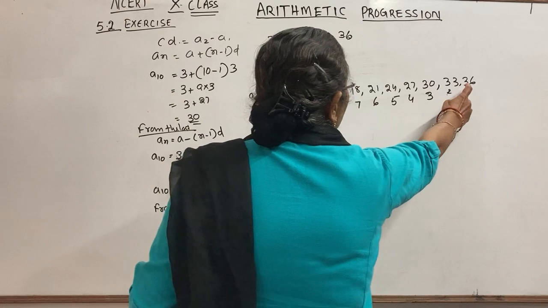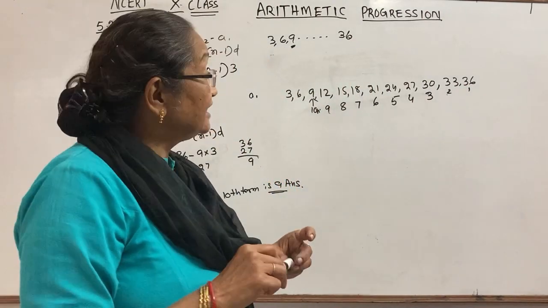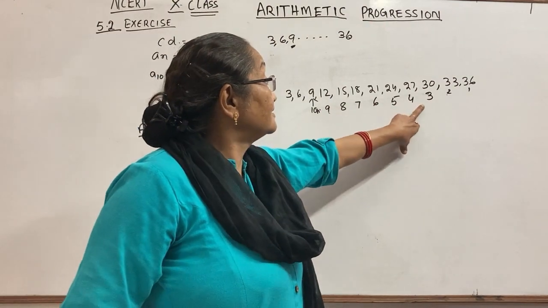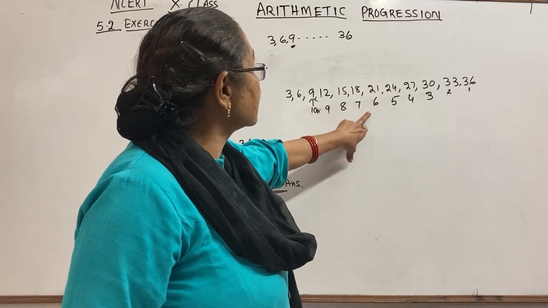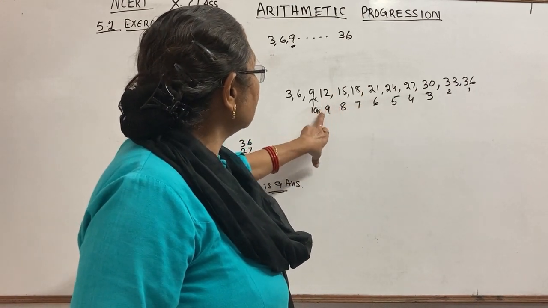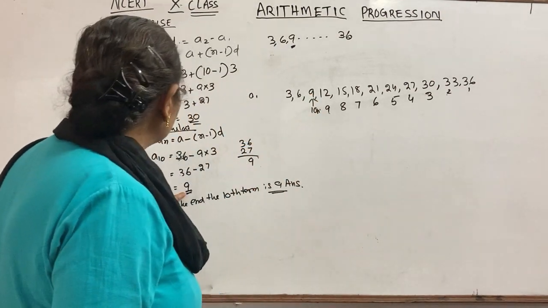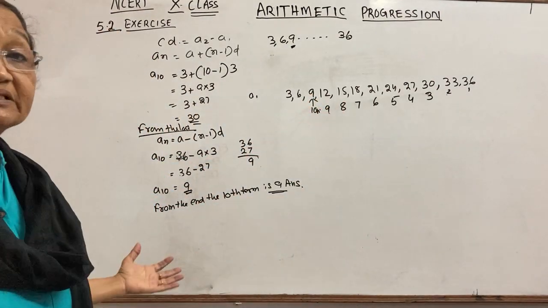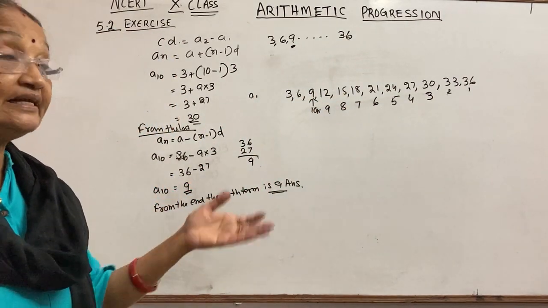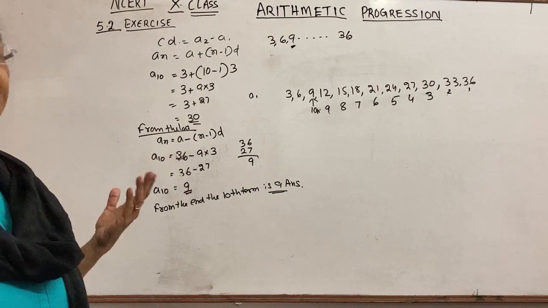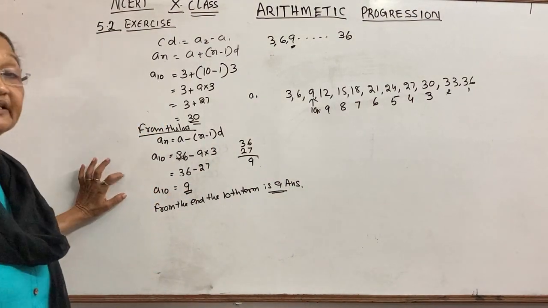So this one will be term 1, 33 will be term 2, and 30 the third term, this is fourth term, fifth term, sixth term, seventh term, eighth term, ninth term, 10th term. 10th term what is coming? 9. So if big numbers are there, how long will you go on writing? Finding from the back side is very difficult, that's why you can find it out with this formula.